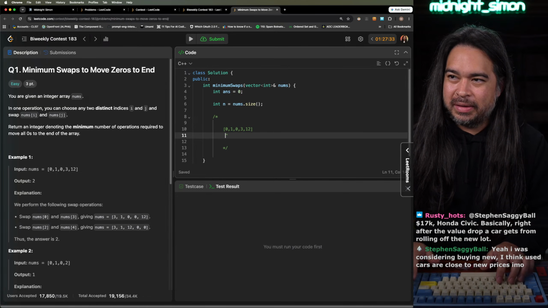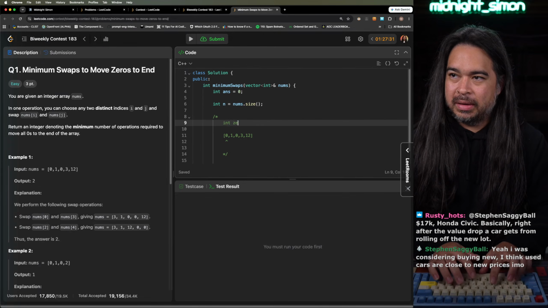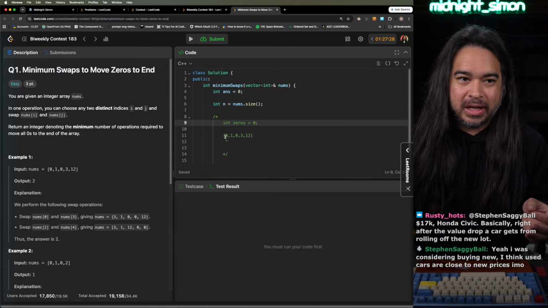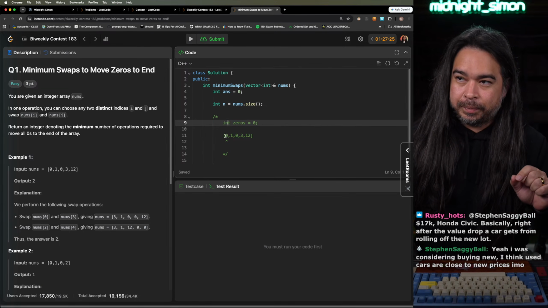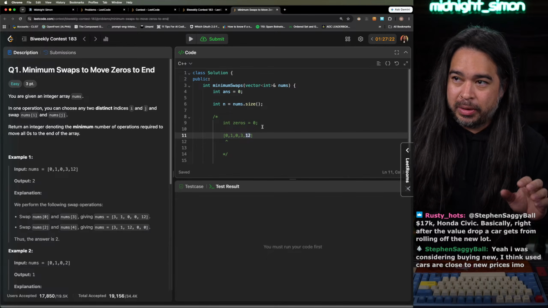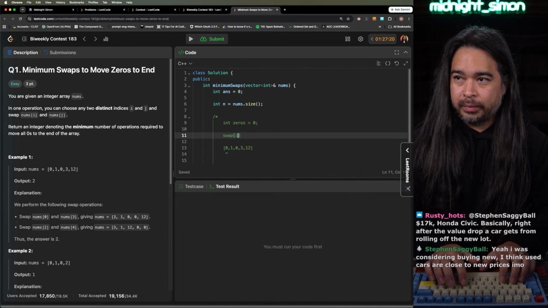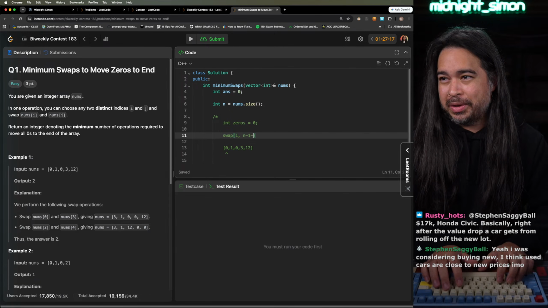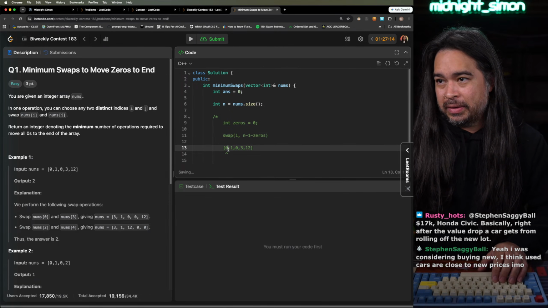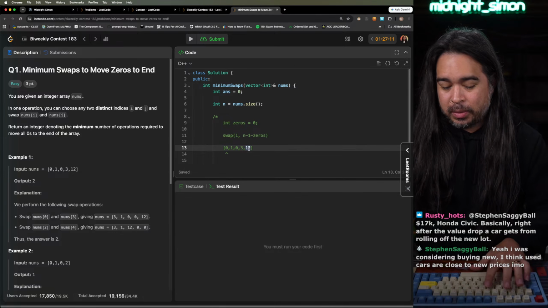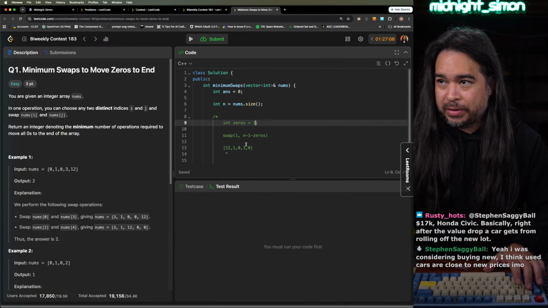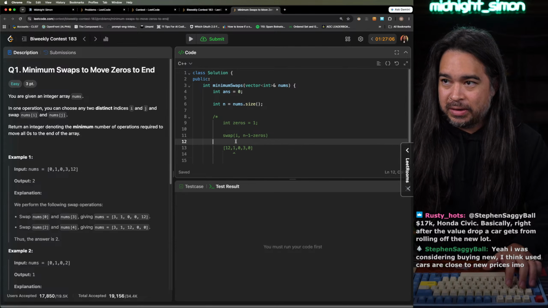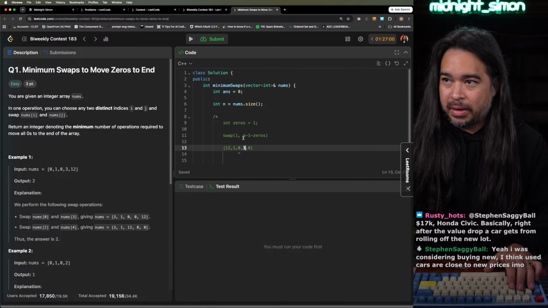Can I start from this side or that side? Alright, so I'll start from the left side. Maybe it doesn't matter. If I encounter a 0, I just swap it with index n minus 1 minus zeros. So this is a 0, so I'll swap it with this 12, and I increment my zeros count, and I go to the next. This is not a 0, so I don't do anything. This is a 0, so I swap it with n minus 1 minus zeros, so we're at this index.